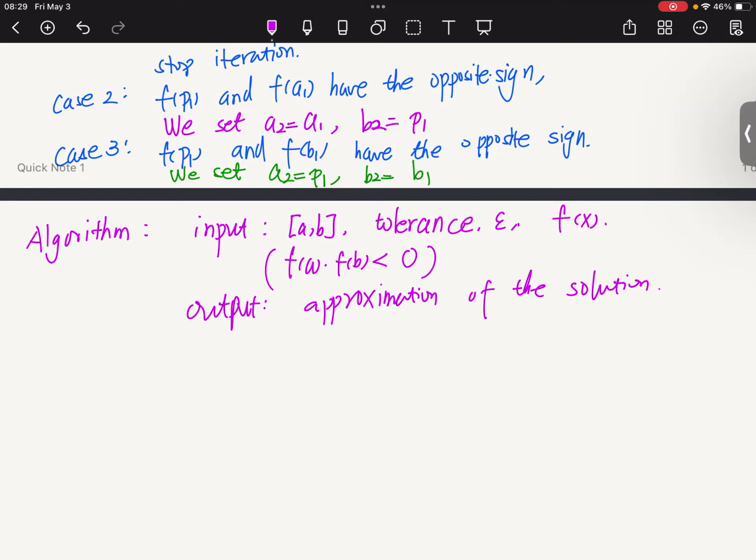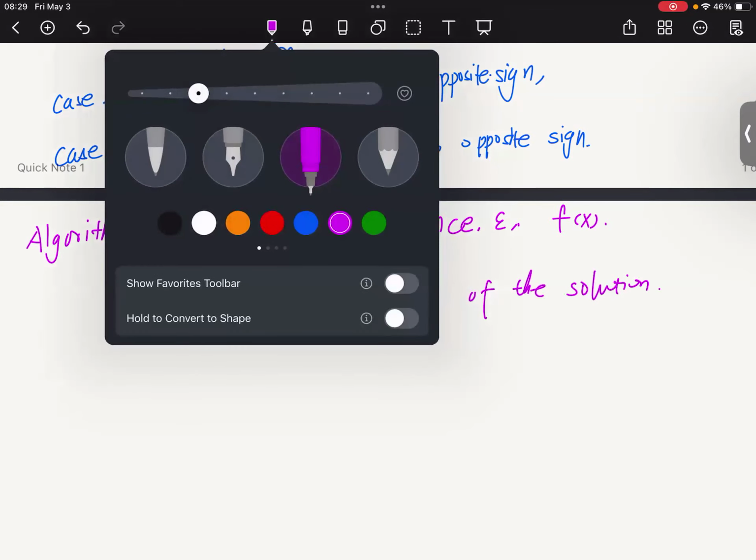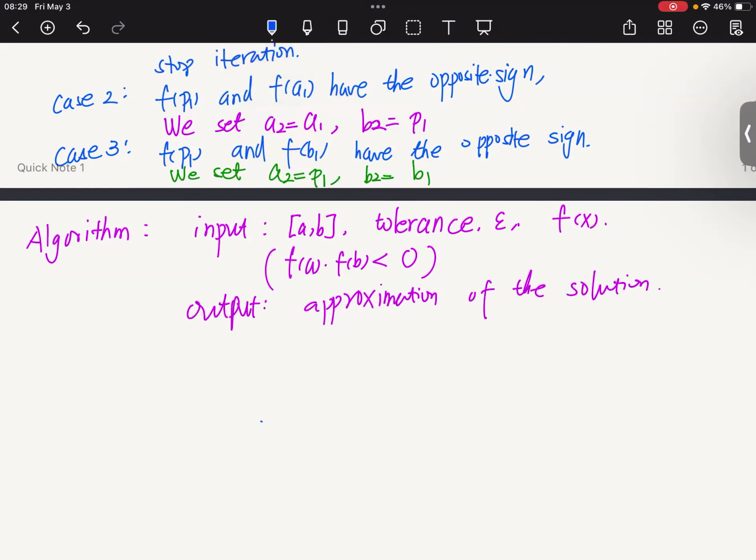And there's one thing that I want to mention here. A lot of time you will find that, for example, you have the function f(x) equals 2x cubed minus x squared plus x minus 1.